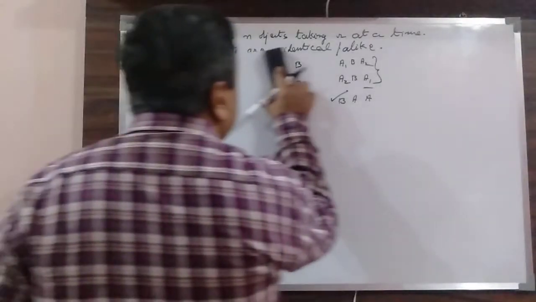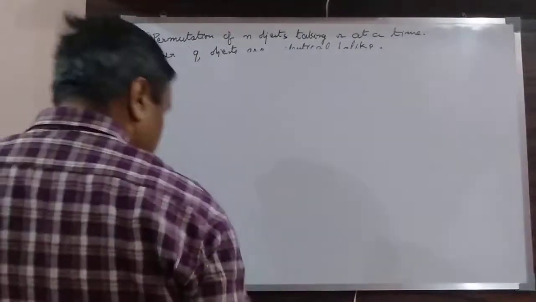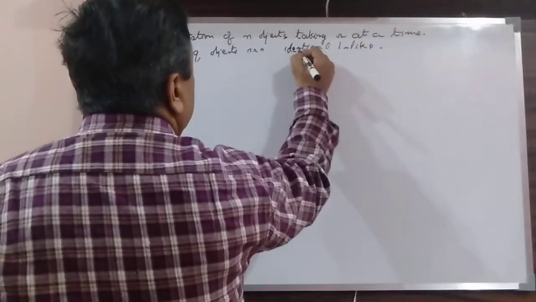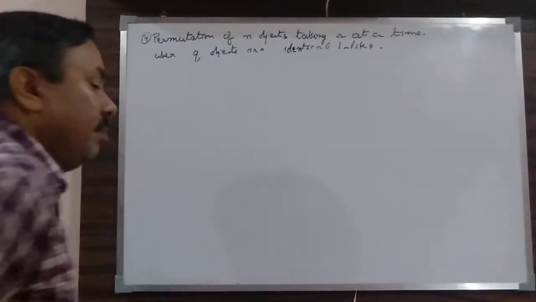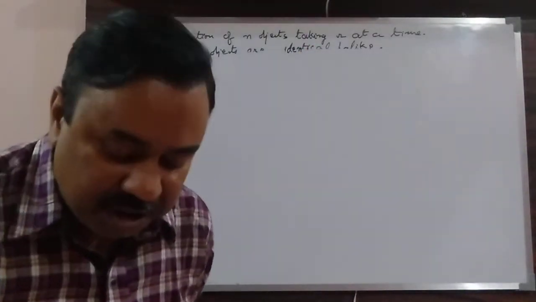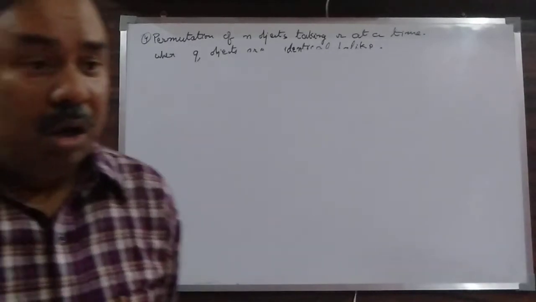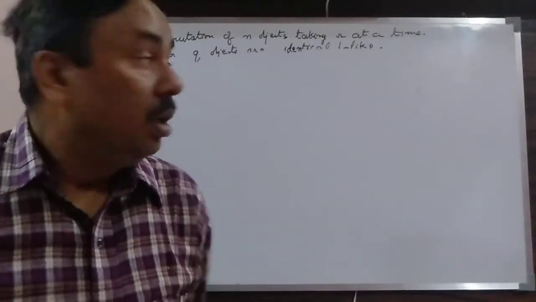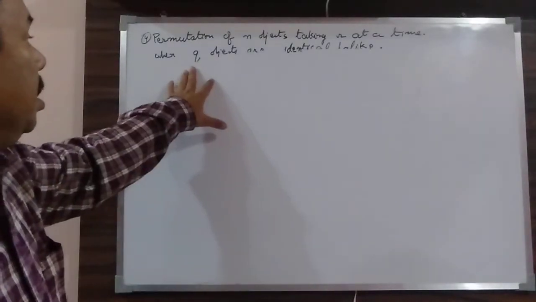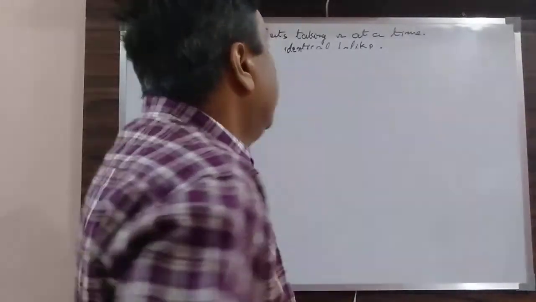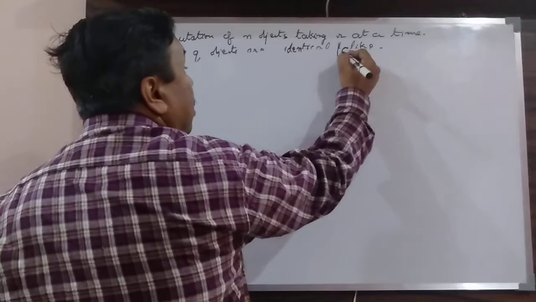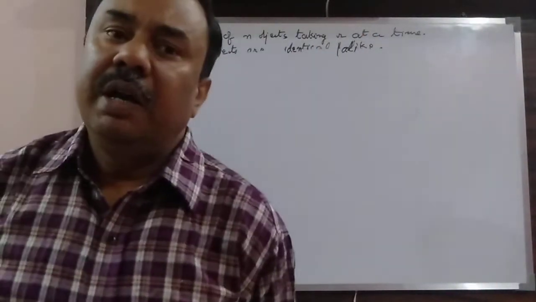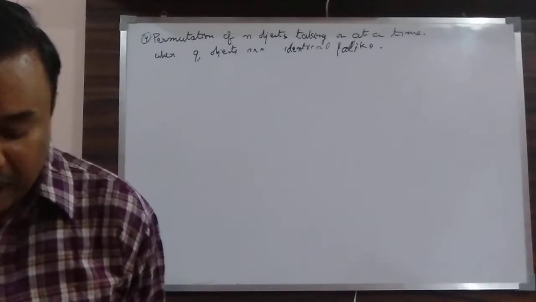Okay, so for this, what I do is, I will just take all Q objects, because what I am saying, Q objects are identical or alike.